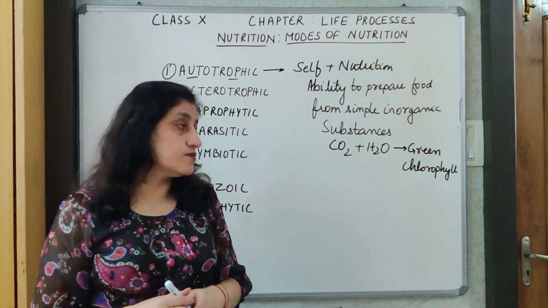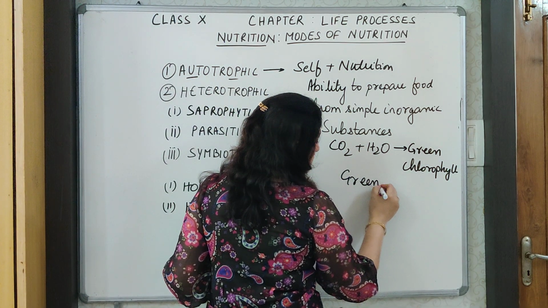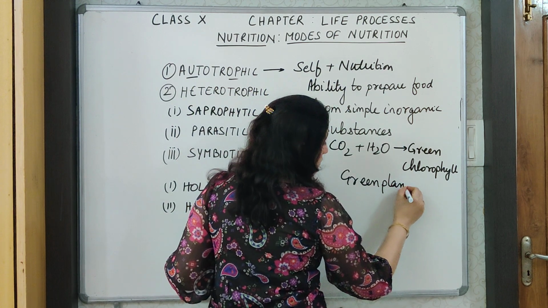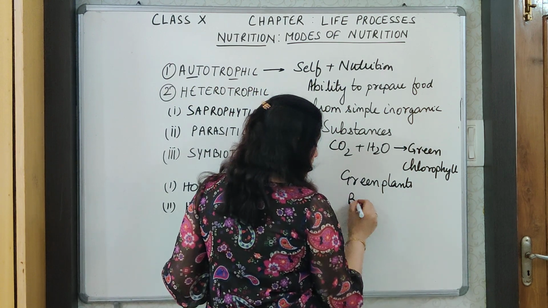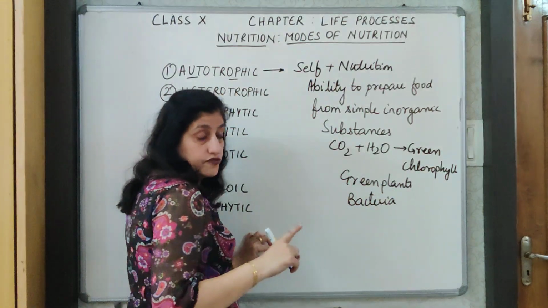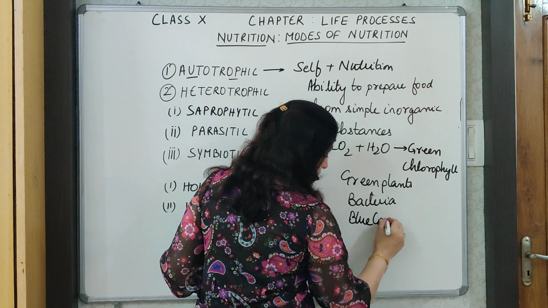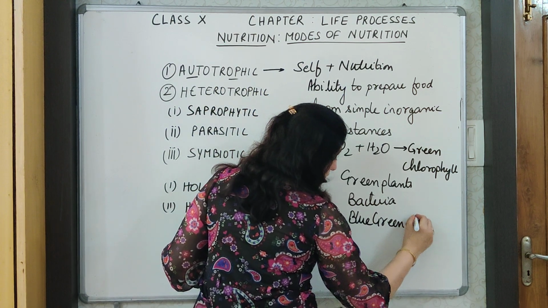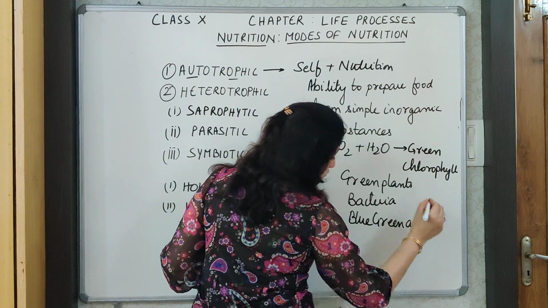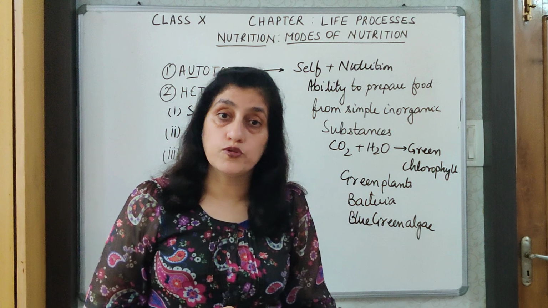So which organisms come under autotrophic nutrition? One are all the green plants. We have some category of bacteria because they contain chlorophyll, and we have some blue-green algae. These are autotrophic in the mode of nutrition or have the ability to manufacture their own food.